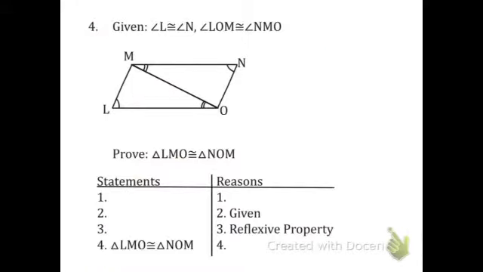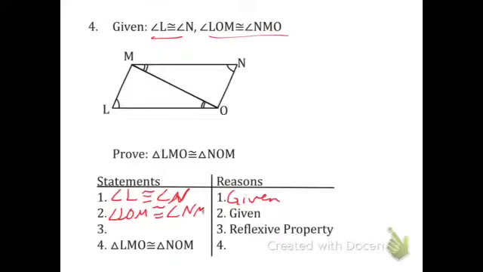Moving on to 4. So you're given 2 things. And so our first 2 reasons here are going to be given and given. First one is angle L is congruent to angle N, and the next one is angle LOM is congruent to angle NMO. Excuse me, sorry about that. And so there's our givens.